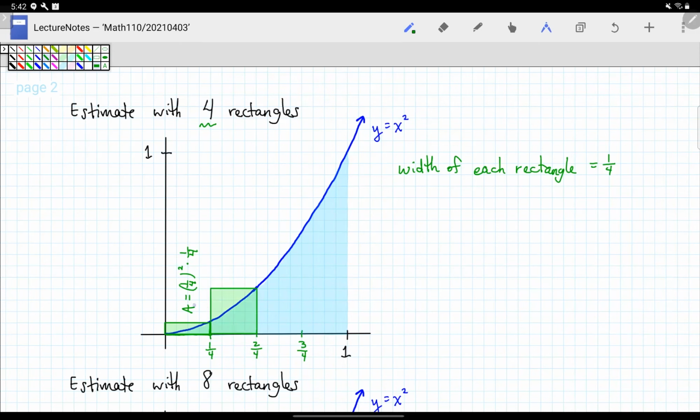Let's call this first one A1, and A sub 2 is going to be 2/4 squared, that's the height, times the width, 1/4. The next one, 3/4 squared is 9/16. That's going to be the next height of the rectangle, and I'm taking that height from the right endpoint of the subinterval.